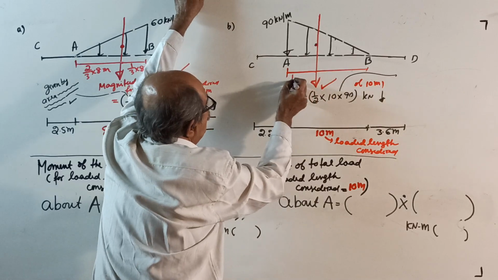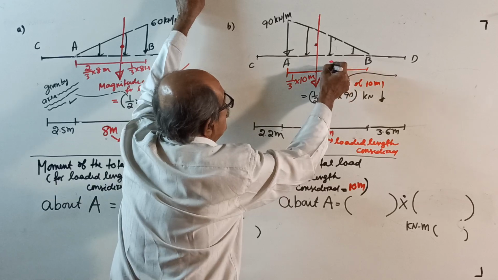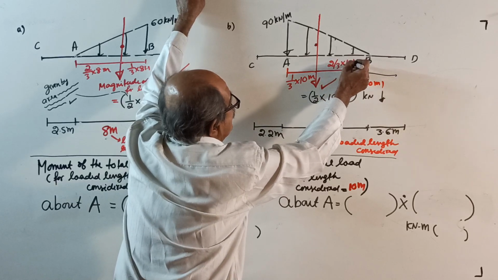This is 1 by 3 of 10 meter. This is 2 by 3 of 10 meter.